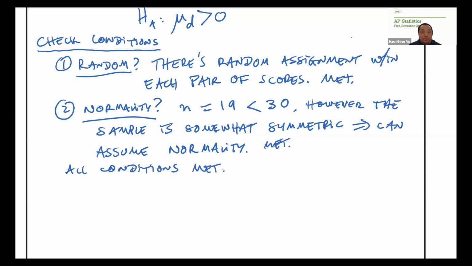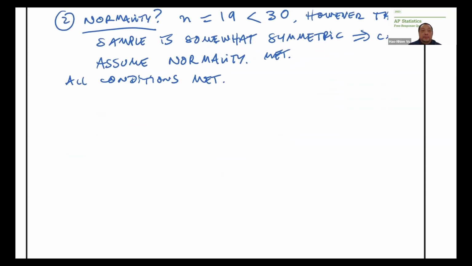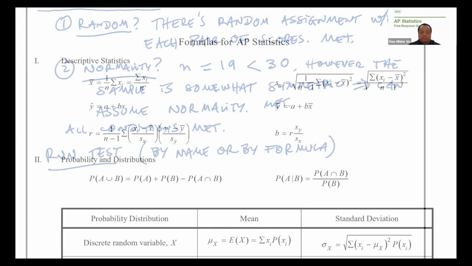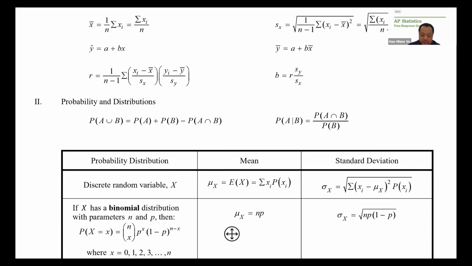So now we do the test. On the AP, when you run a hypothesis test, they need you to identify the test by name or by formula. Well, then you flip over to the formula page to see if you can copy a formula.